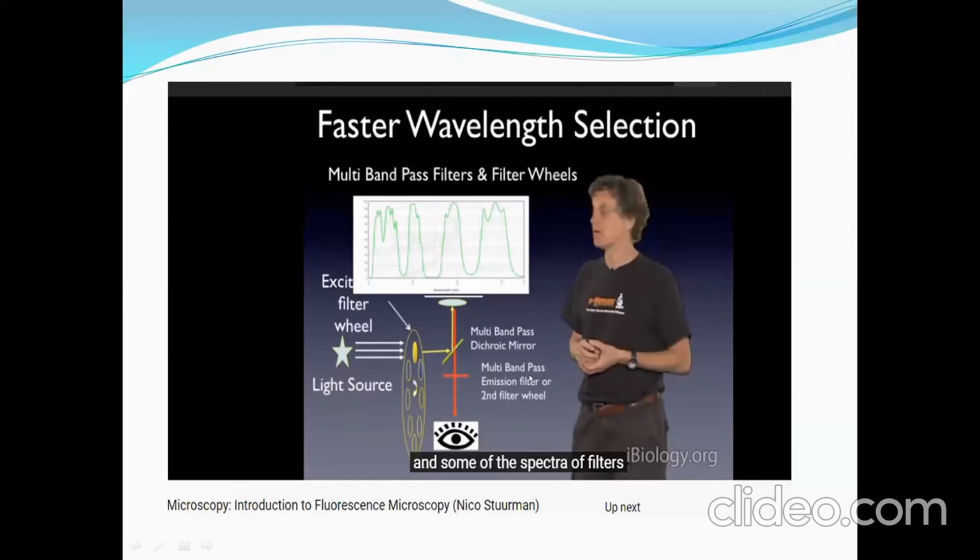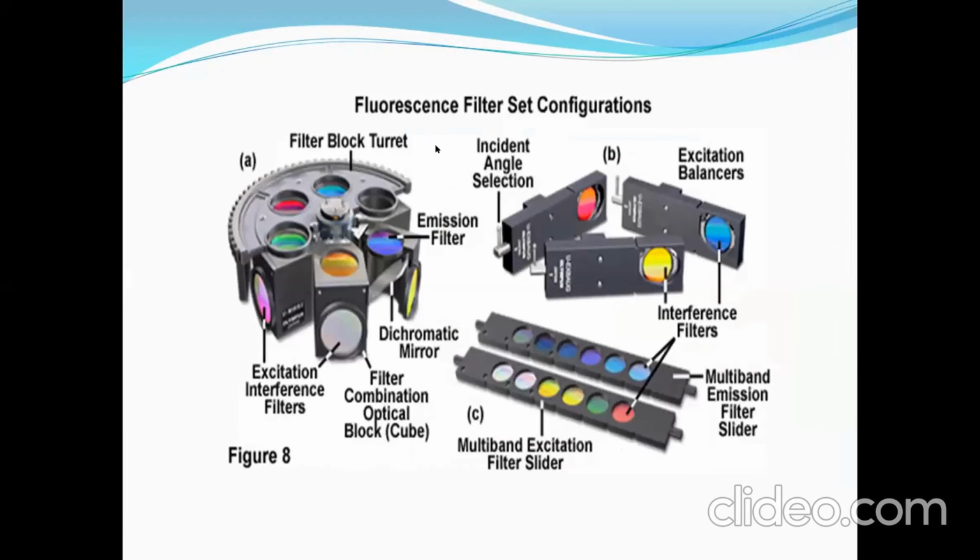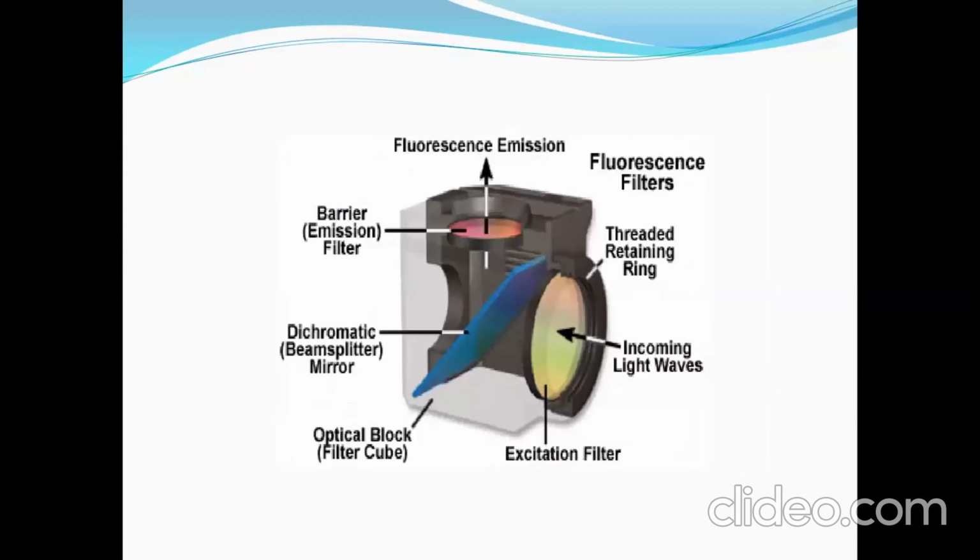Okay, so I think some advanced fluorescence microscopes which are recently available may have such an arrangement, but normally conventional microscopes have such a block, where when we change the turret, we change the cube, we change the whole set of excitation filter as well as the dichroic as well as the emission filter. Okay, so such an arrangement is normally encountered in the fluorescent microscope.